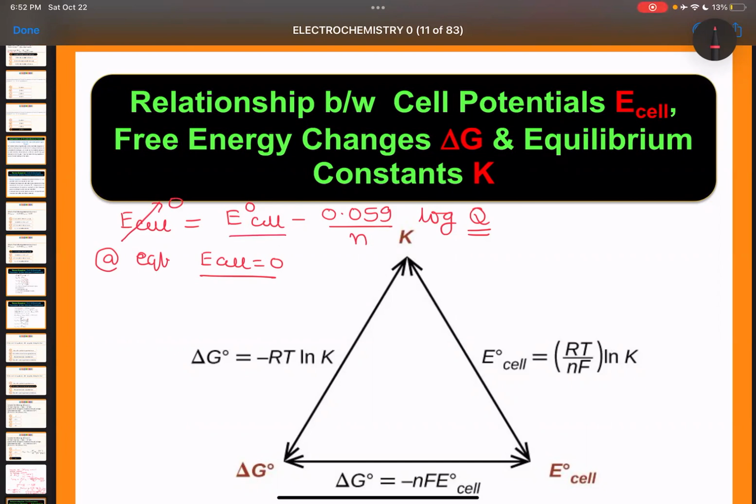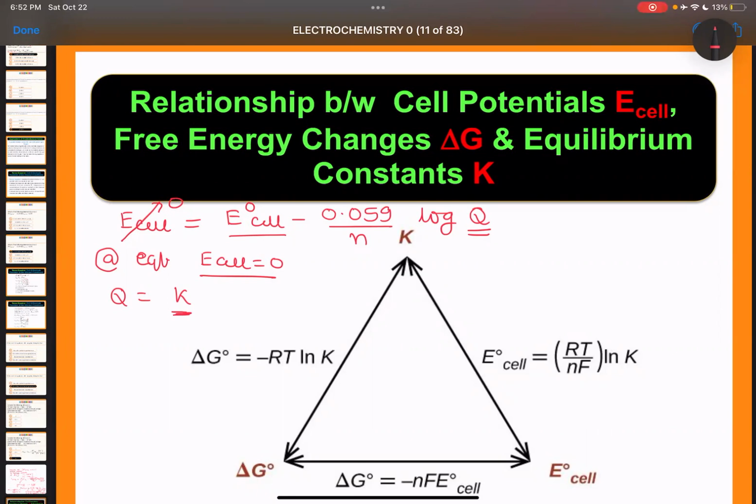That is fixed, calculated from the hydrogen electrode. It has a fixed value. And at equilibrium, the reaction quotient becomes equal to K, the equilibrium constant that you must have studied in your class 11th.